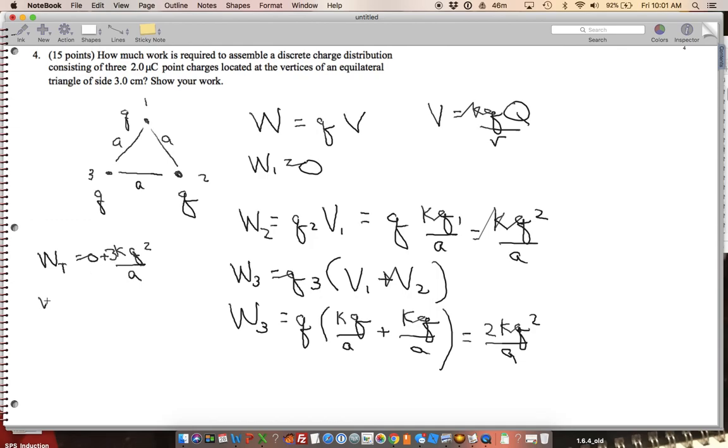So W total is equal to 3KQ squared over A. And I'm going to let you plug in the numbers here.